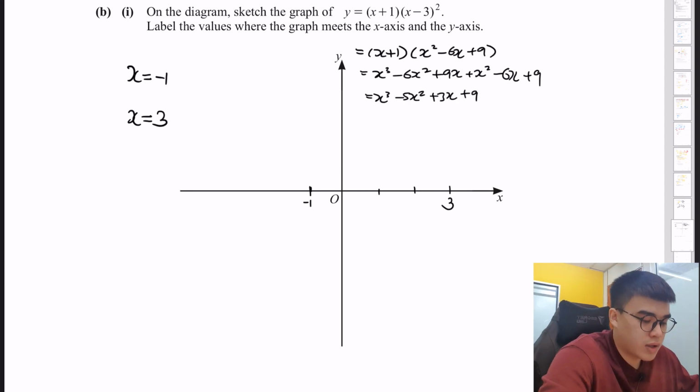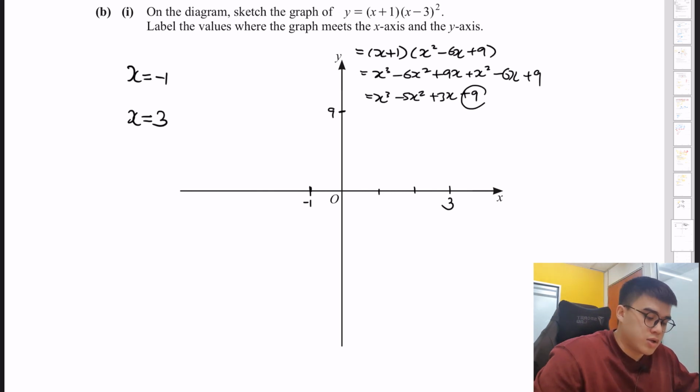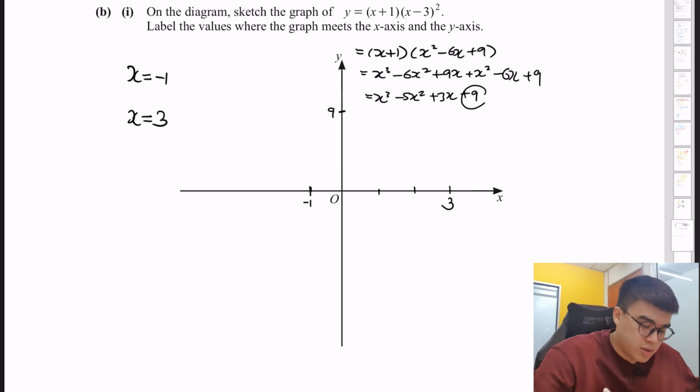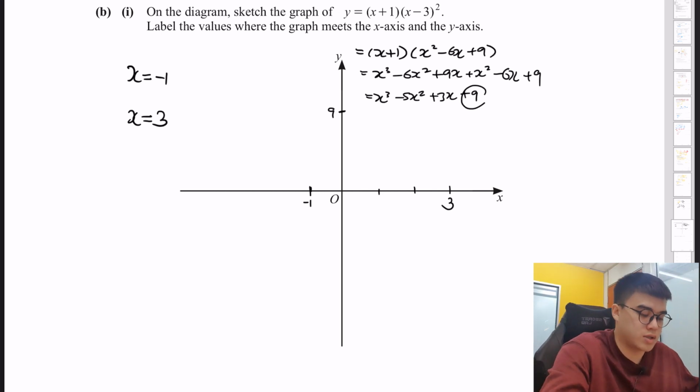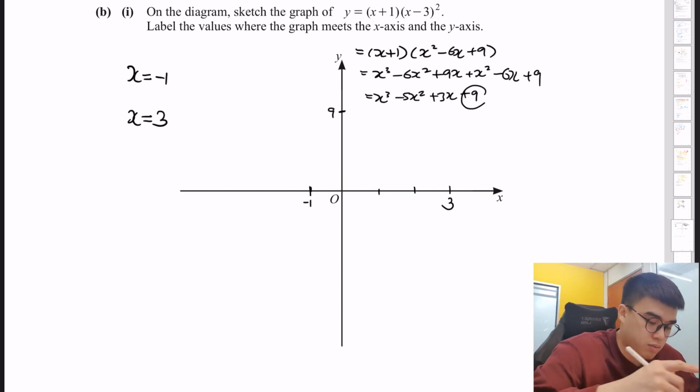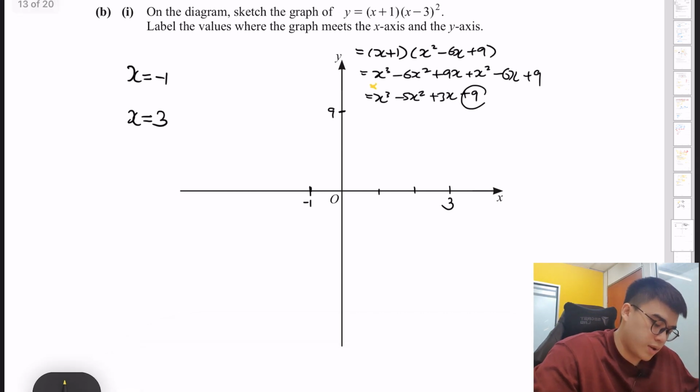I will know there is a 9 here, because that's the y-intercept. So with all this information, you now can proceed and draw it out. So the center will be located somewhere around here. Okay, so let's say this is the point.